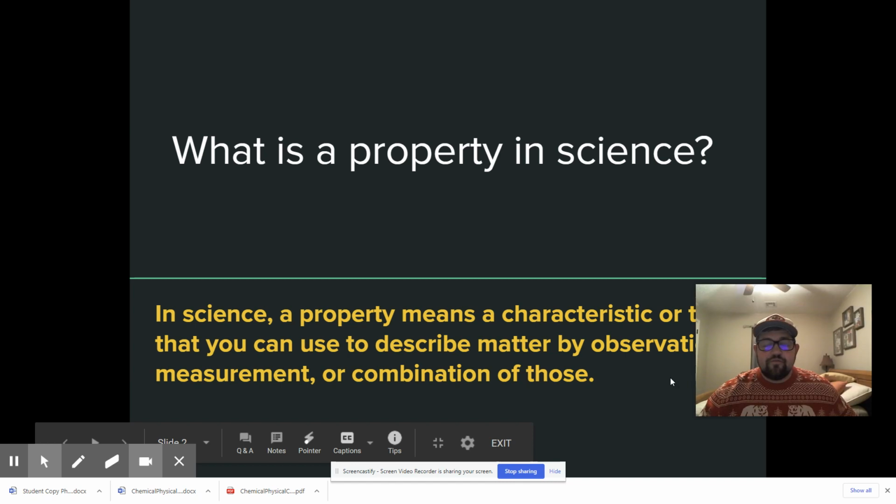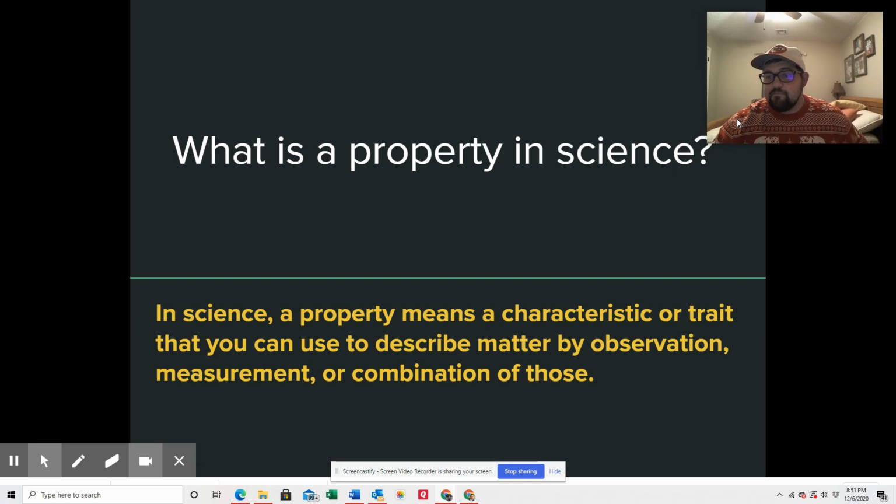So the first thing you're going to do in your notes is, what is a property? That's what we're looking at. We say what a property of matter is. In science, a property means a characteristic or trait that you can use to describe matter by observation, measurement, or a combination of those. So when we say observe, it means that you're going to use your senses.